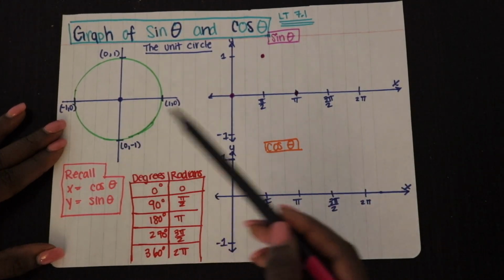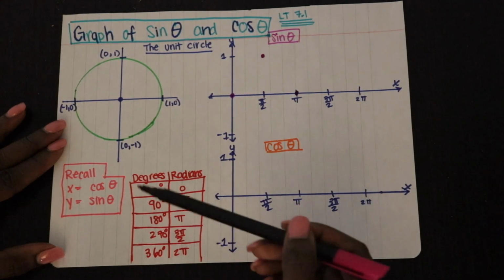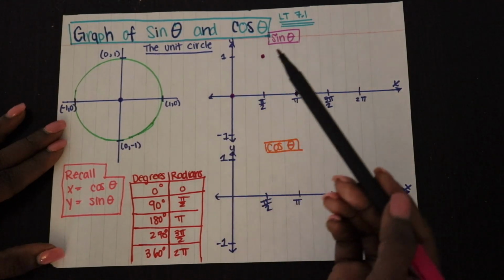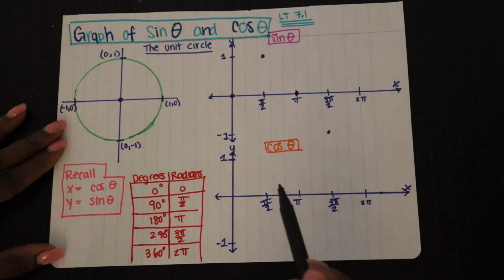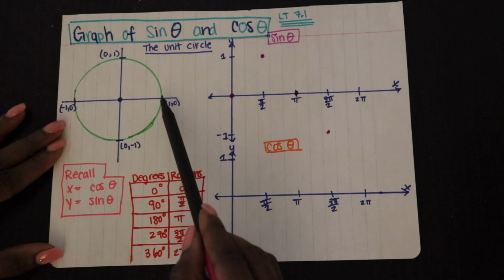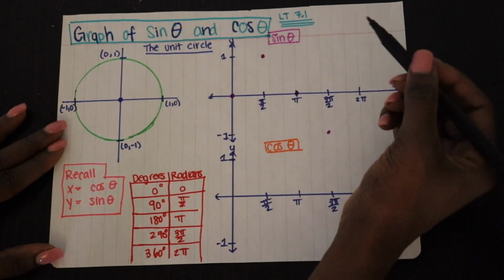When our degree measure is 3 pi over 2, or in other words, 270, our y value is negative 1. So that's going to be down here. And the last point for sine theta is when our angle measure is 2 pi, which is the same thing as 360 degrees, we're actually going back to 0.